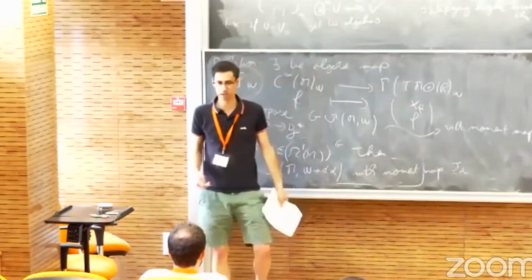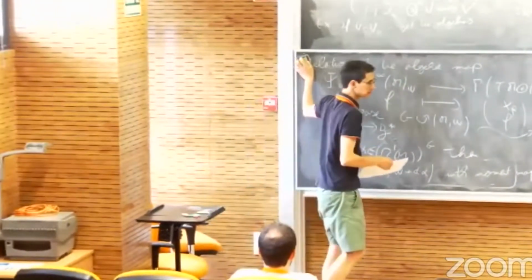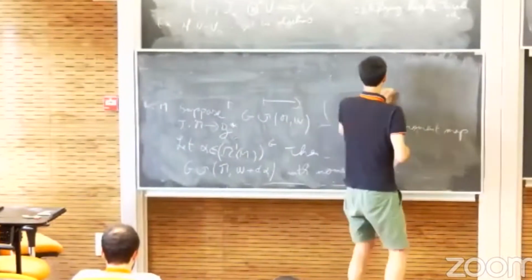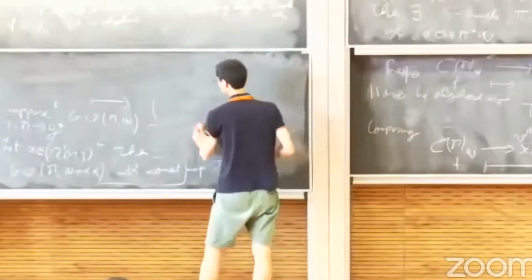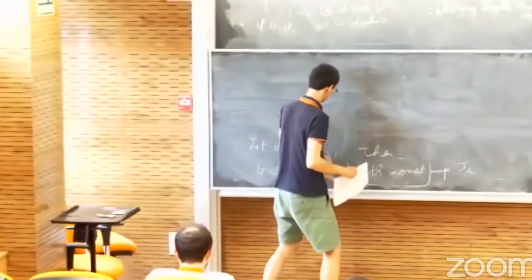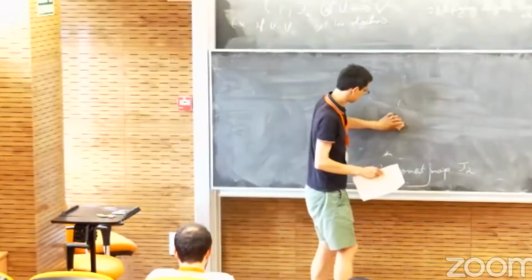So let me pass to the two-plectic case and say what we know there, all of which was known already 5-6 years ago. So here, Courant algebroid will appear.